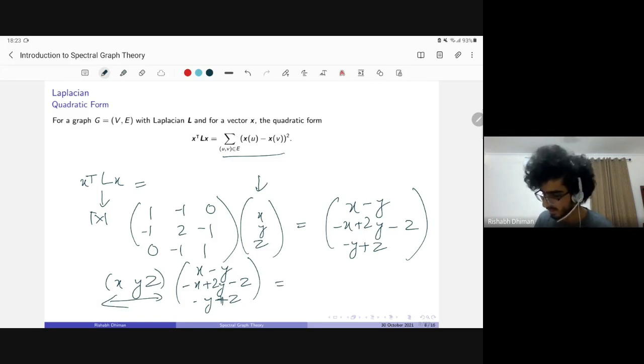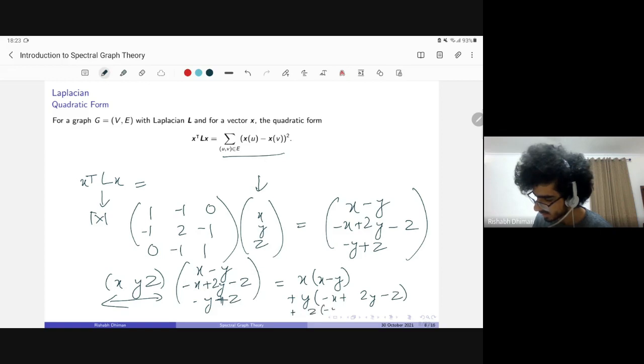Now I'll multiply again, and this becomes x times (x minus y) plus y times (minus x plus 2y minus z) plus z times (minus y plus z). Again, you'll notice that this is one by one, so I can generally equate such a one by one matrix with a real number.